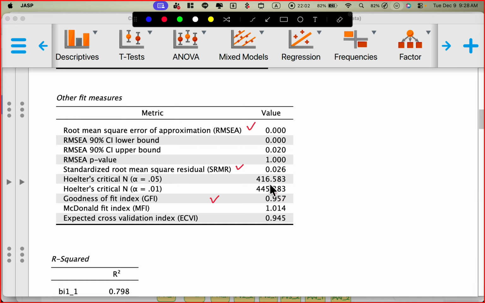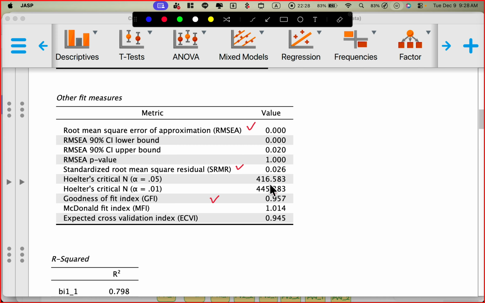Can you interpret the hypothesis here? The null hypothesis and the alternative hypothesis. The null hypothesis means sample data, because we collect data.